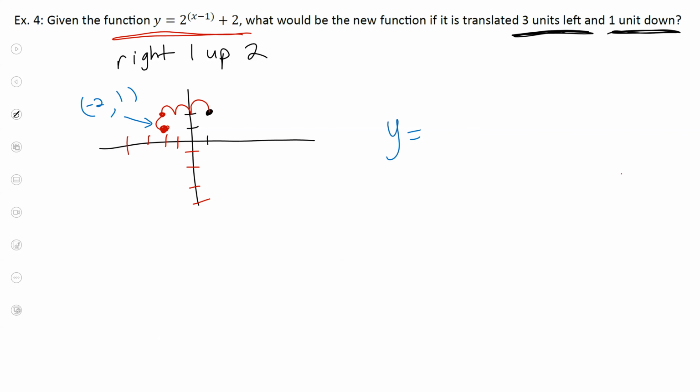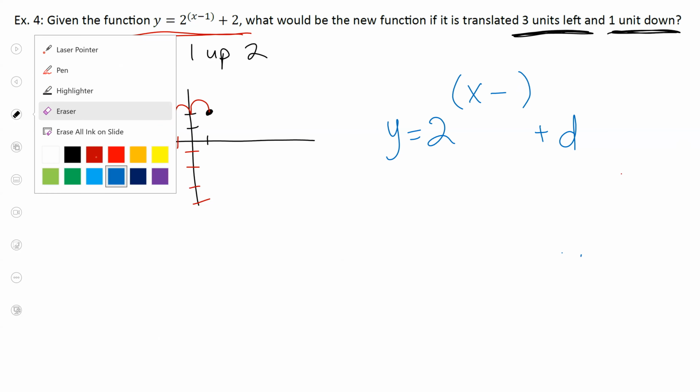So let's go ahead and write my equation. Y equals, the base was 2, so I'm gonna put a 2 there. Okay, so guys, what am I gonna put in the place of C? Just a 2?